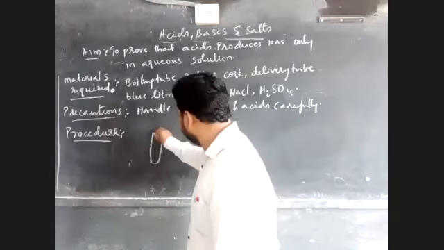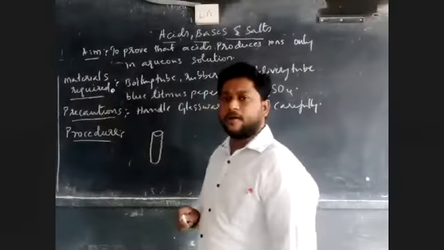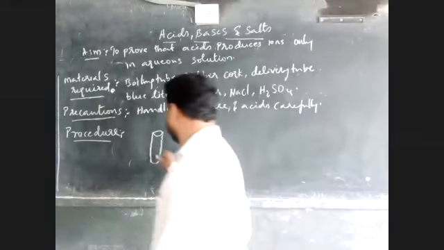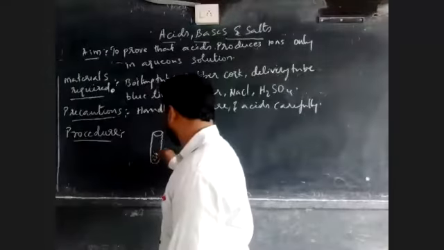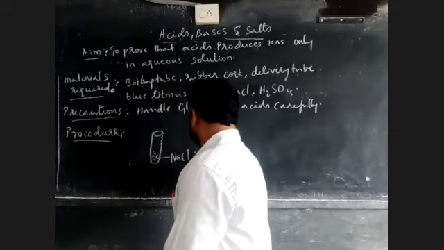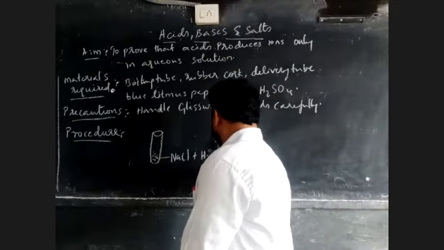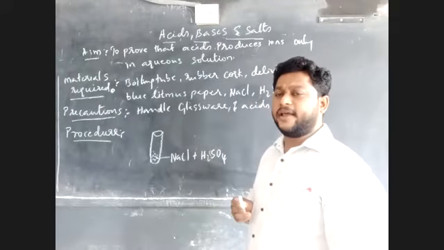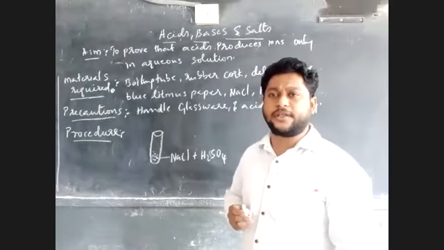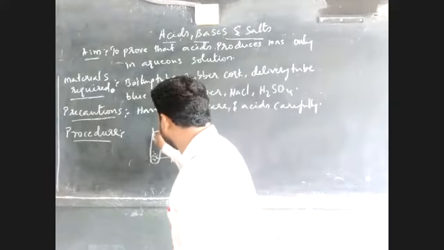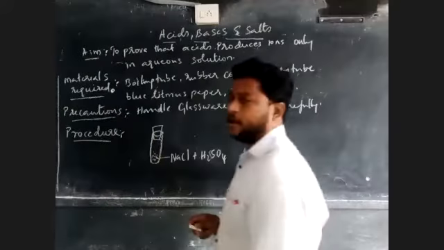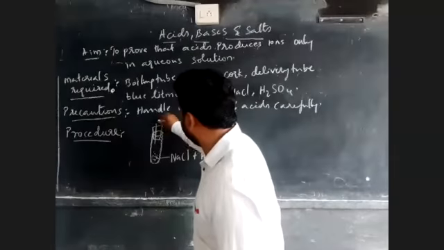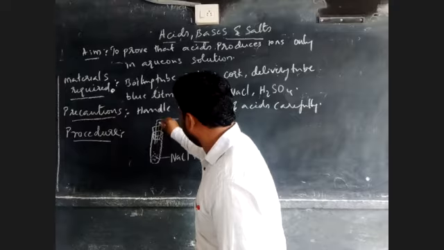Place NaCl and H2SO4 in the boiling tube. Now close it with a one-holed rubber cork, and arrange a delivery tube to it.